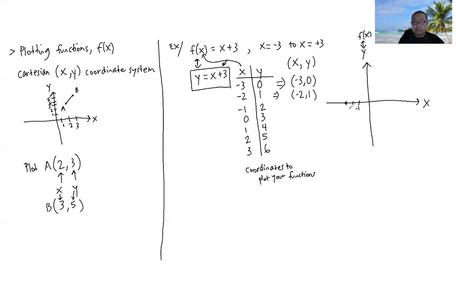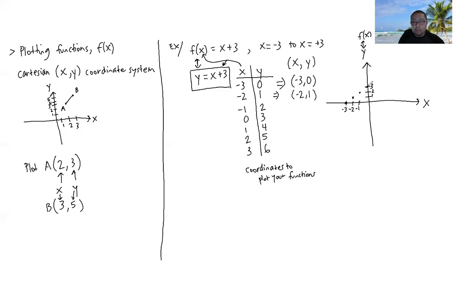Then (-2, 1): -2, left, 2, up, 1. (-1, 2): -1, and go up 2. (1, 2). (0, 3).